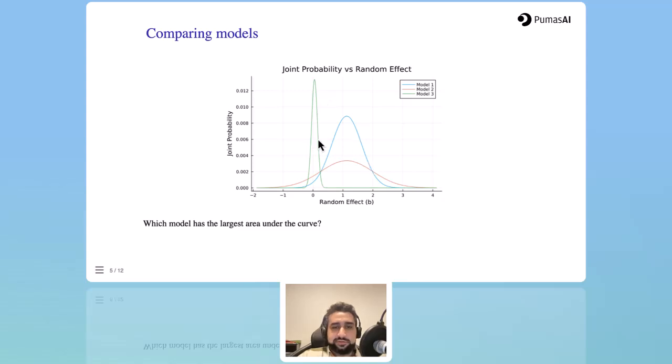So let's take three models with these three joint probability curves, and let's try to make sense of what their area under the curve looks like. In these three models here, which of those models has the largest area under the curve? Now this model has the largest peak, but it doesn't necessarily mean it has the largest area under the curve.